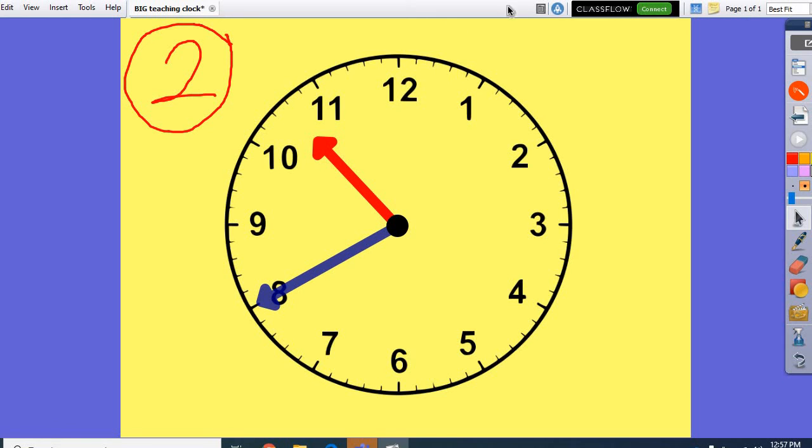Remember, one way could be just that normal way that we always write time. And then the other way could be that different backwards way that sometimes people will tell you a time. Remember, the backwards way has the minutes first. That's kind of why it's backwards.